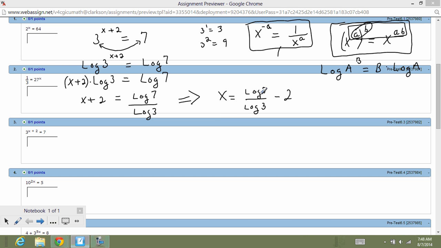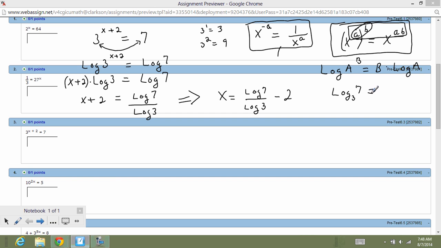Now, there is another way to write this log 7 divided by log 3. You could write that as log 7 base 3, and that comes from what's known as the change of base formula. Typically, logs are log base 10 as they're being expressed in this answer that we gave right here.